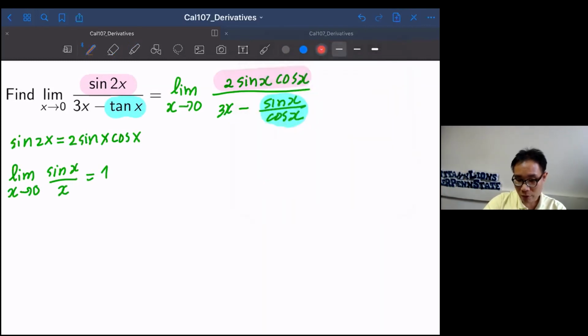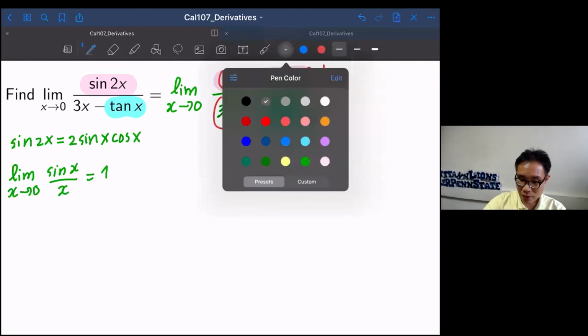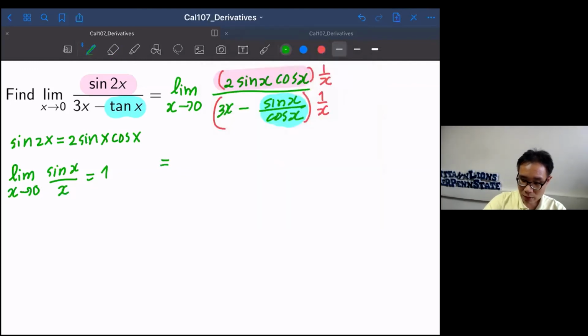We're just going to multiply the top by 1 over x and the bottom by 1 over x, and you see that it gives you many sine x over x terms. So it's going to be the limit as x goes to 0.